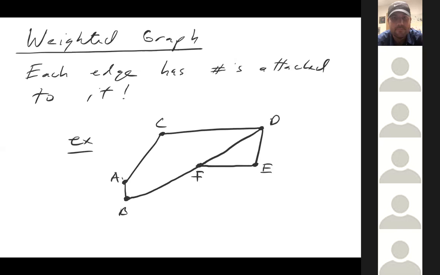And I've got distances. Okay, this is 160 miles. This is 53 miles. This is 66 miles. This little distance here is 72. This one is 78. And this one is 70. So now every edge has a distance. Okay, that's called a weighted graph.